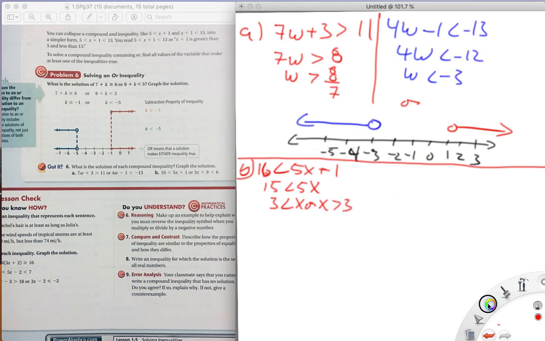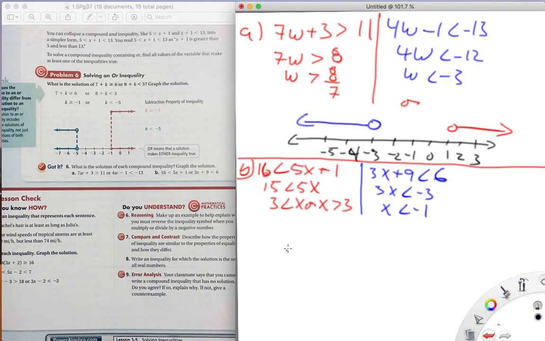On the other side, we have 3x plus 9 is less than 6. Subtract 9 from both sides. 3x is less than negative 3. And then x is less than negative 1.